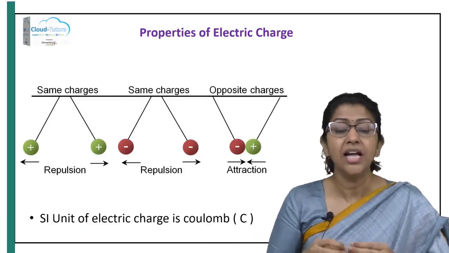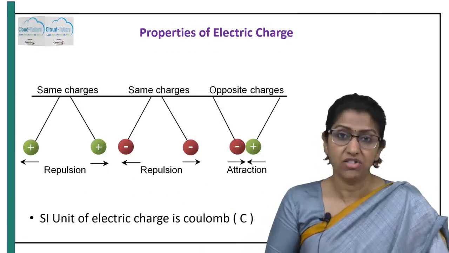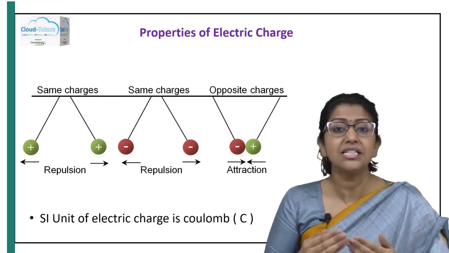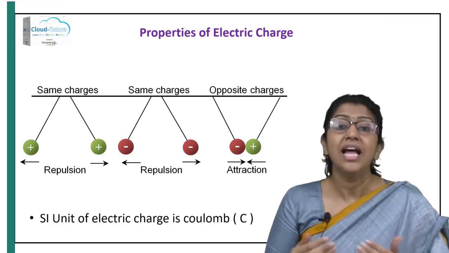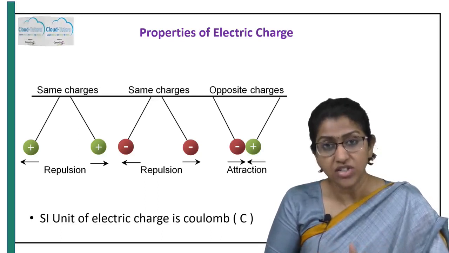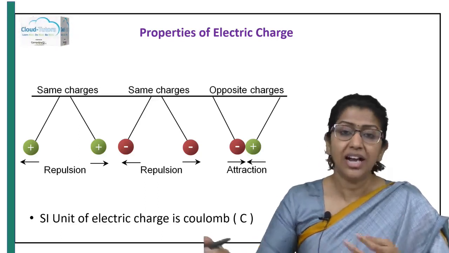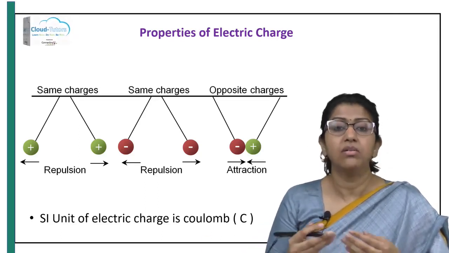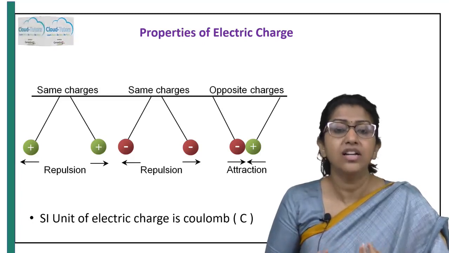Coulomb is nothing but the SI unit of electric charge. This is the unit in which we measure the electric charge. Now, when we write 1 coulomb of charge, it is quite a large amount of charge.